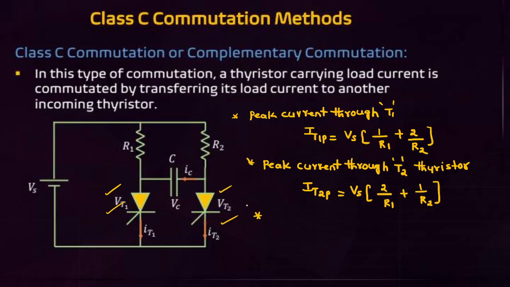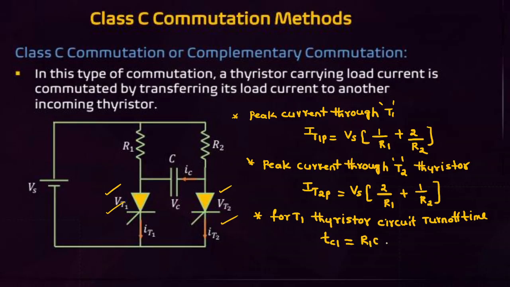What is the circuit turn off time of the T1 thyristor? TC1 equal to R1C into ln of 2.